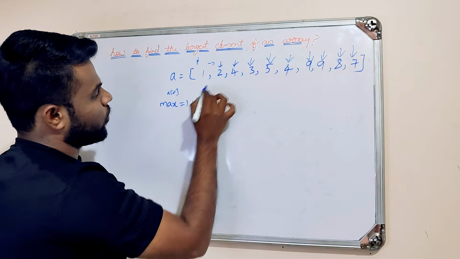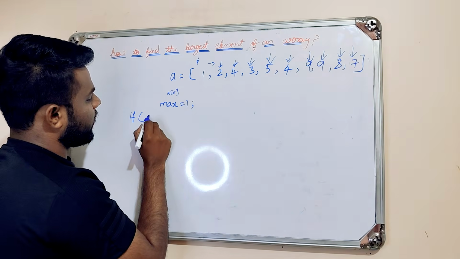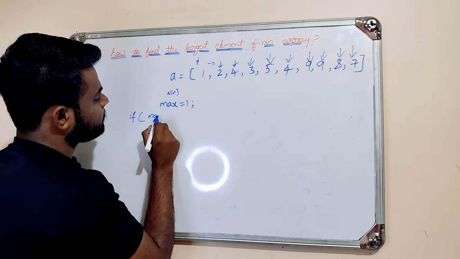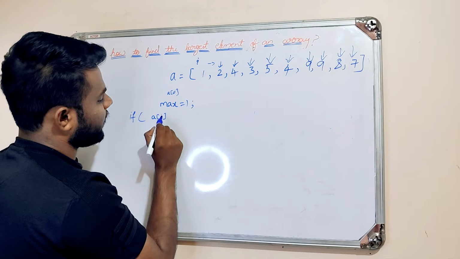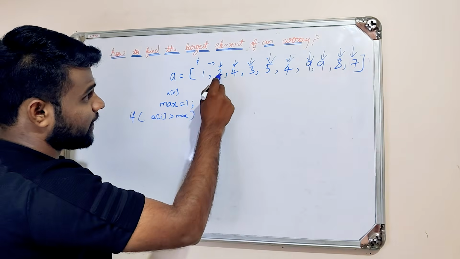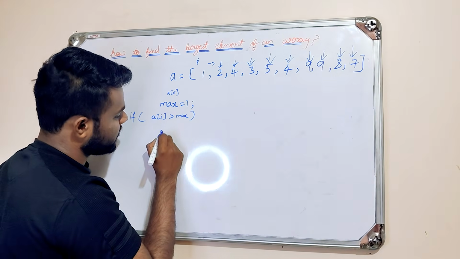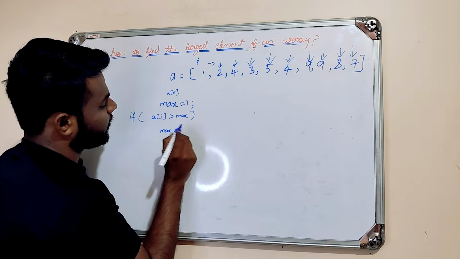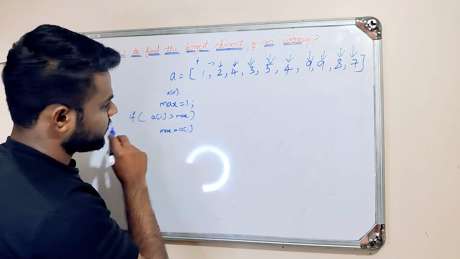Check if array of i is greater than max. So if array of i is greater than max, we are going to update that to max. So max equal to array of i. This is the condition.